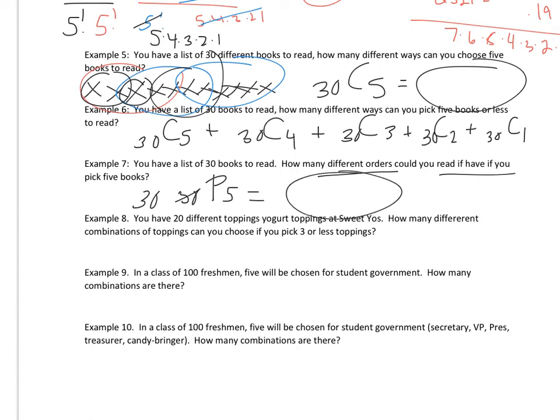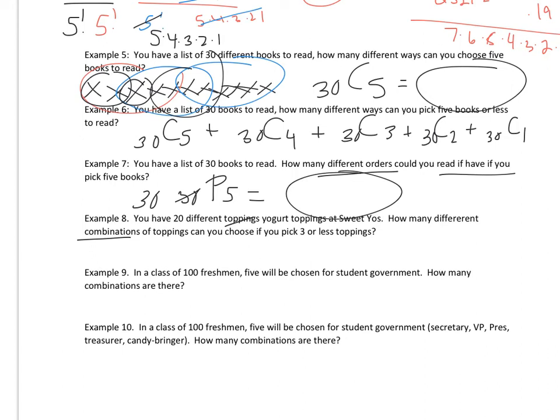Example 8, you have 20 different yogurt toppings at Sweet Yo's. How many different combinations of toppings can you choose if you pick 3 or less? So even though it reads combinations, I still have to be careful. If you're going to Sweet Yo's, does it matter if you put Heath Bar first or if you put Oreos first?